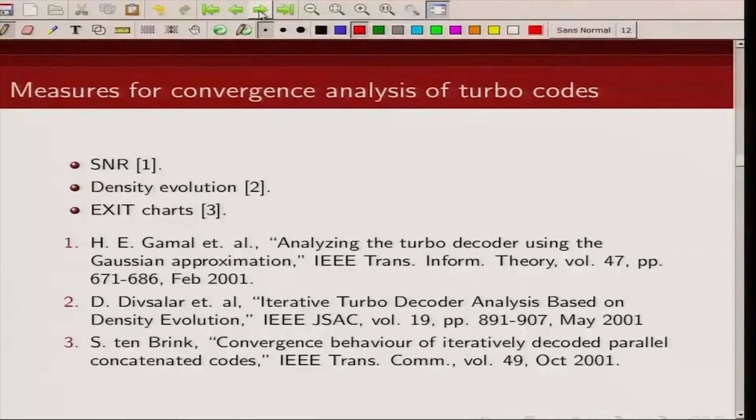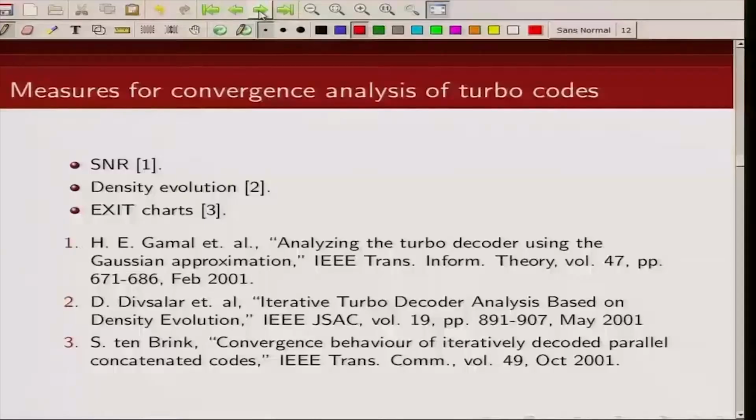So, as I said, there are 3 popularly known techniques for convergence analysis, and the idea of these techniques is that they track one parameter related to the extrinsic information and track the same parameter related to the a priori information.